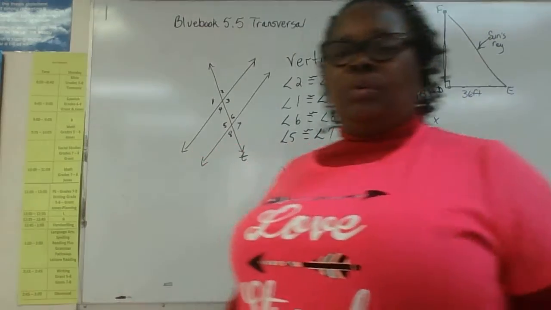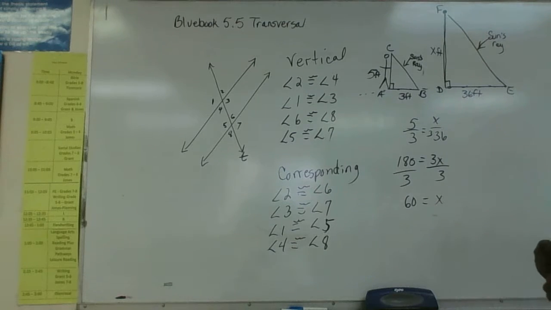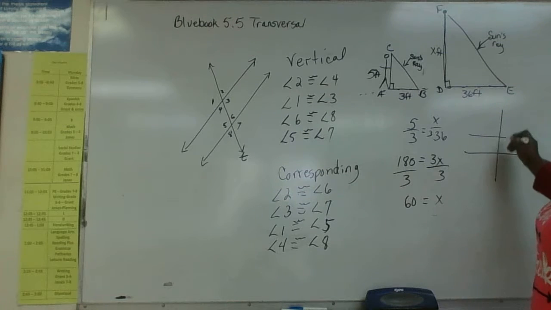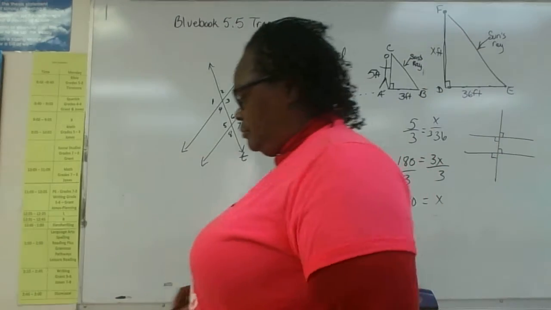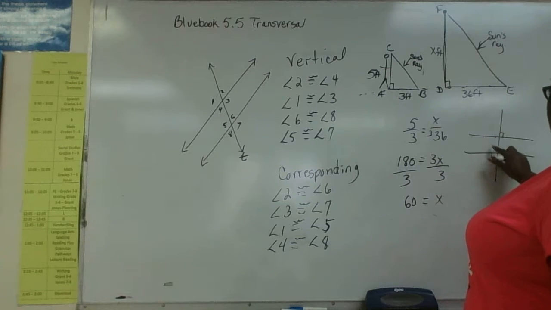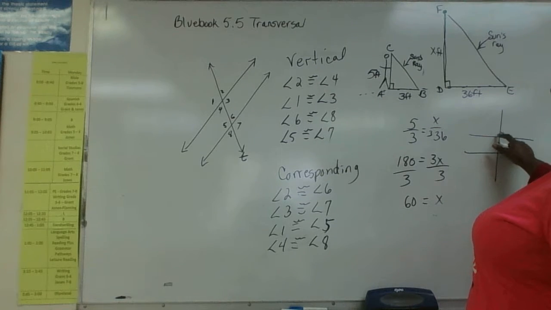So what we're saying here is that at any time we have lines that intersect to form right angles, then those are considered perpendicular. And in actuality, we can have only one here, and that one will determine that all the rest are 90, because here is 90, which means here and here is 90, which means here is 90, here is 90, and so on and so forth.